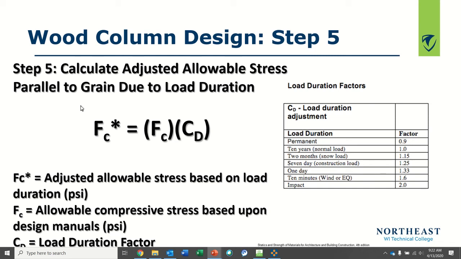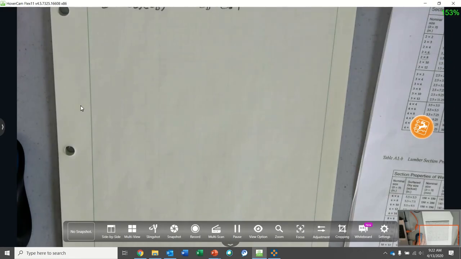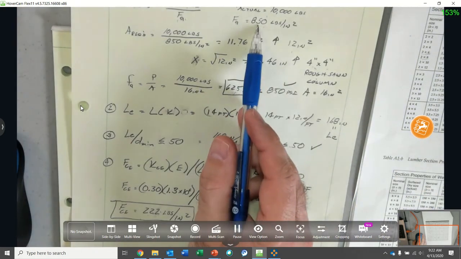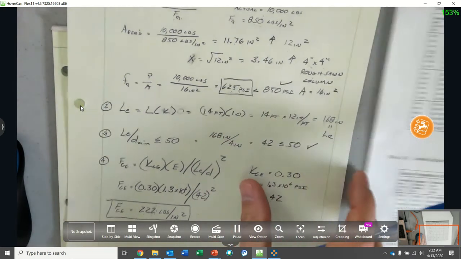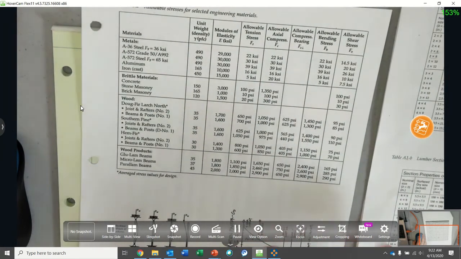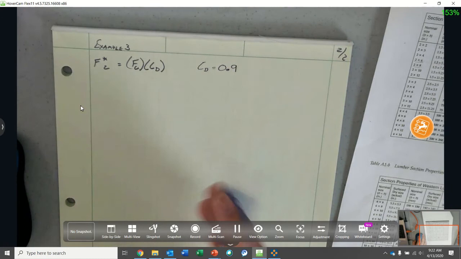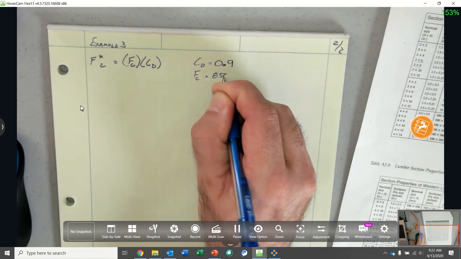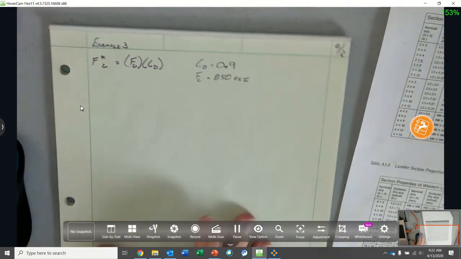And then our allowable compressive stress, hem-fir number 1, we already defined from right here, 850 pounds per square inch. That came from this table right here. Allowable compressive stress is 850, because it's a permanent load. So FC equals 850 pounds per square inch.